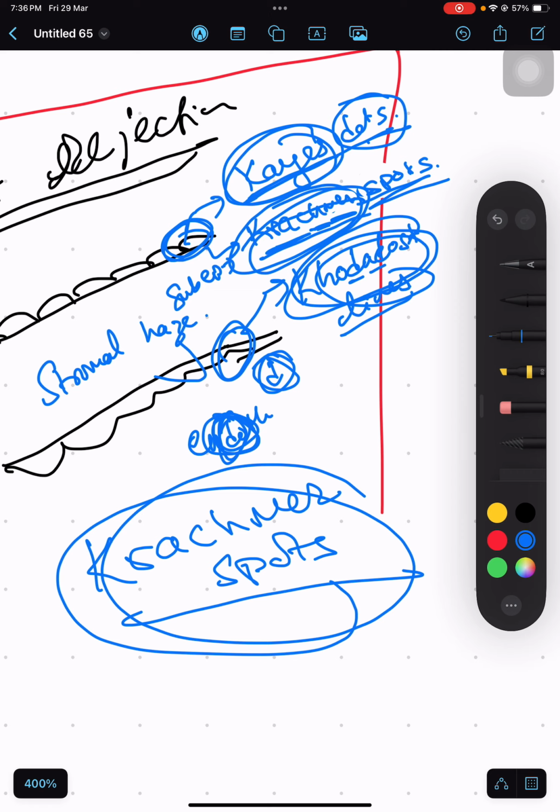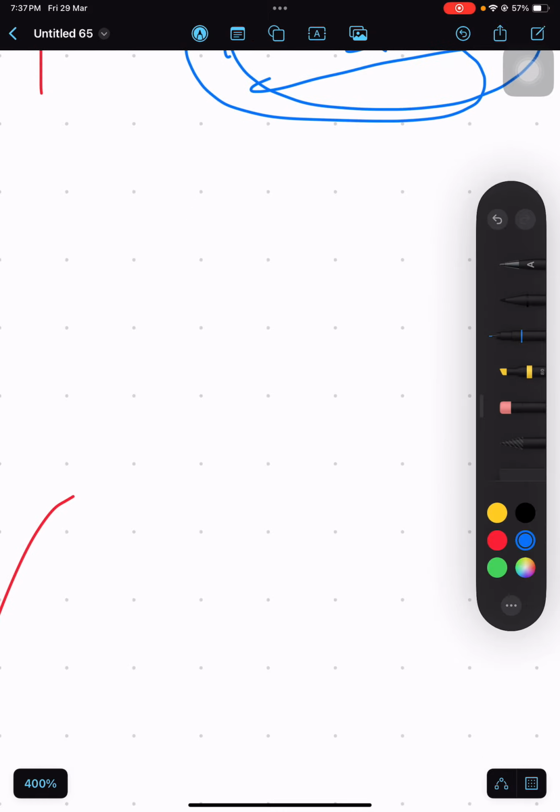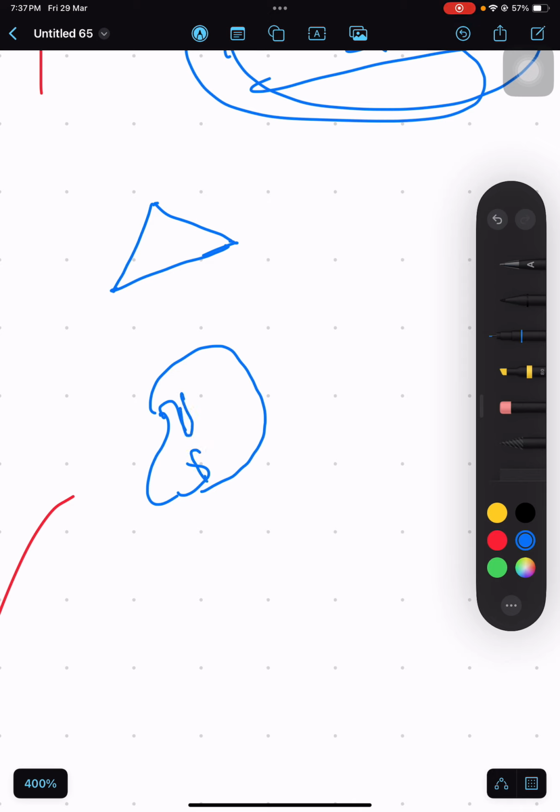Now remember, there is one more complication. I just forgot to mention one important one. It has a triad. Let me make a diagram and explain. If this is your iris, it has been atrophied, and the pupil is very, very big.